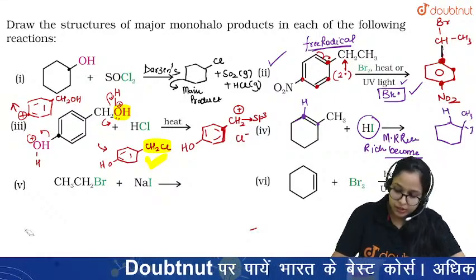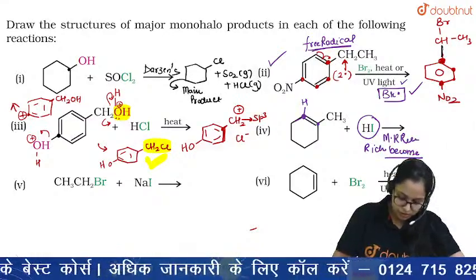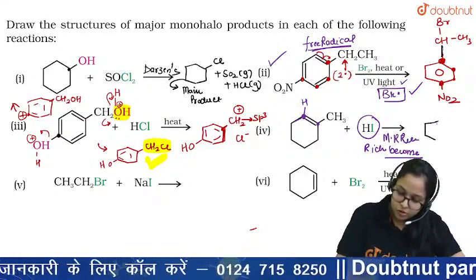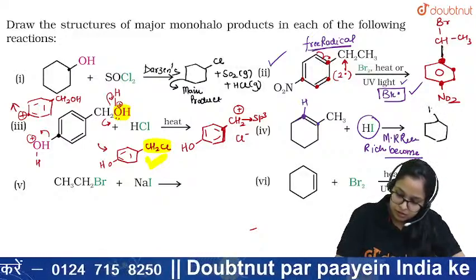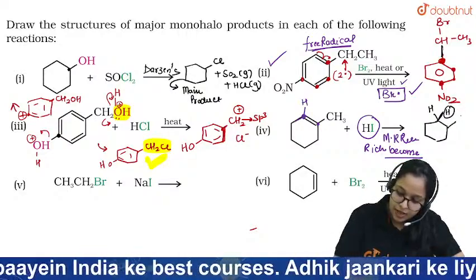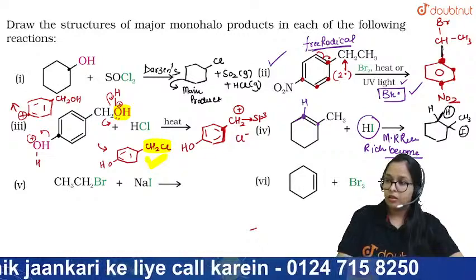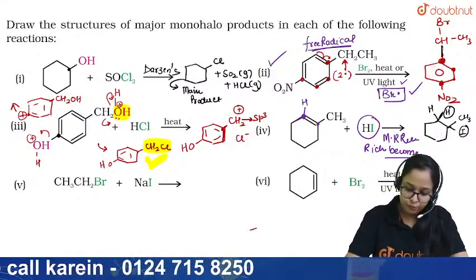Iodine gets attached to the carbon which has the methyl group because it has fewer hydrogens there. The hydrogen comes from HI and gets attached here, and iodide, I minus, gets attached here. So this is the major product of part 4.